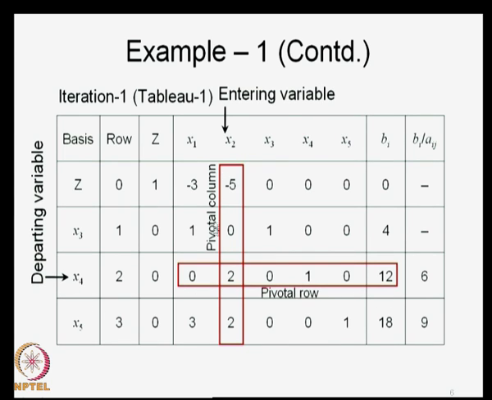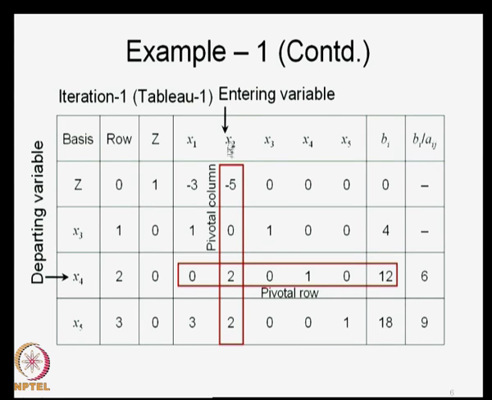You identified the pivotal column associated with the entering variable. You now identify a pivotal row associated with the departing variable, and the departing variable is identified based on the minimum value of bi by aij, which is calculated only when it is positive.